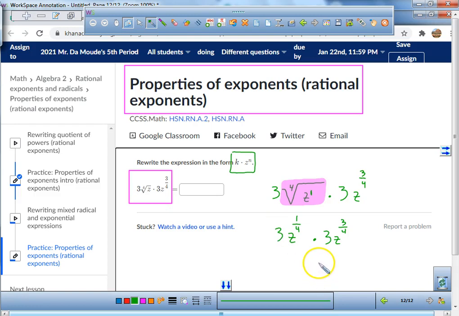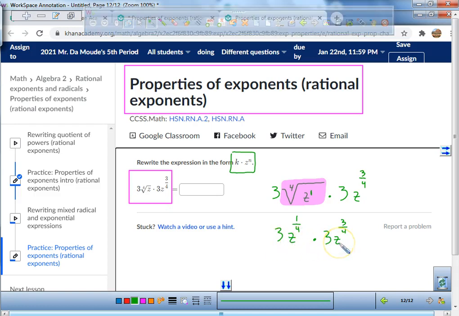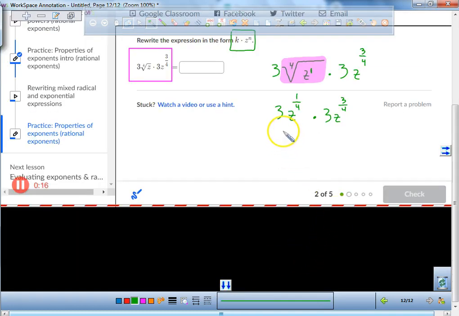Does everybody see that these are exactly the same? Right now, I simply want us to think about what we have. We have a 3, we have a z to the power of 1/4, and we have another 3 and a z to the power of 3/4.